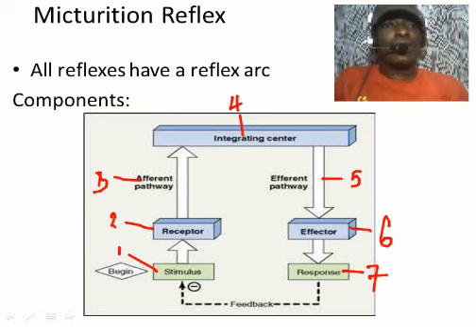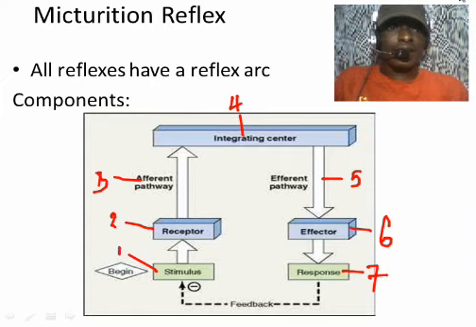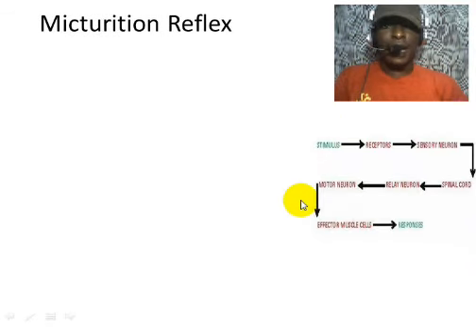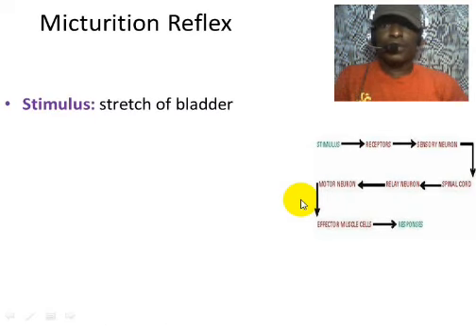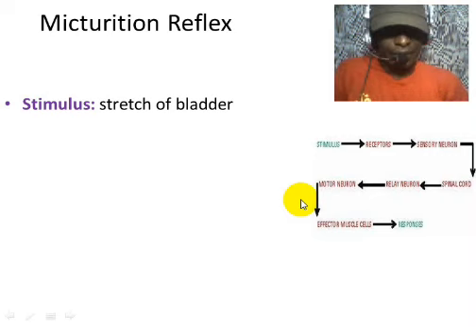Let's see how this plays out in the micturition reflex. Let's apply the reflex arc to the micturition reflex. It begins with a stimulus. The stimulus is the stretching of the bladder. The bladder is stretched when it is filled up with urine.